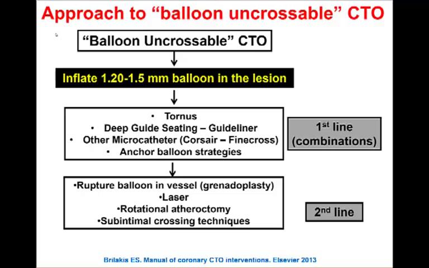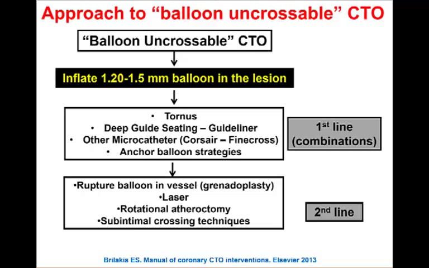So to summarize, there are several layers of techniques that can be used to treat balloon uncrossable CTOs. The first one is to advance a small balloon and inflate it at high pressures inside the lesion, trying to modify the proximal cap. If that fails, then we try to advance a microcatheter, usually Tornus, or others such as the Corsair or the Fine Cross, to modify the lesion.